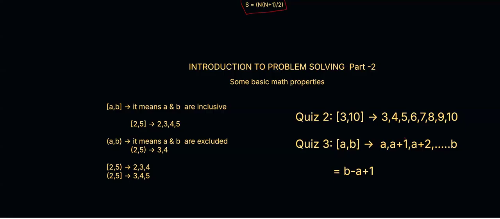And if you calculate the values, 1, 2, 3, 4, 5, 6, 7, 8. Correct? So the correct answer is B minus A plus 1.